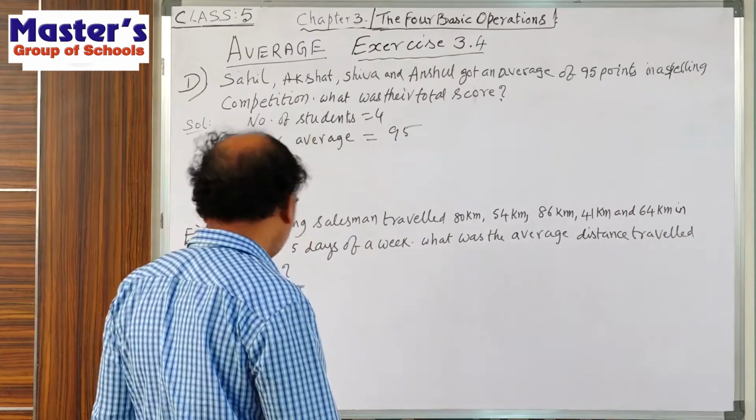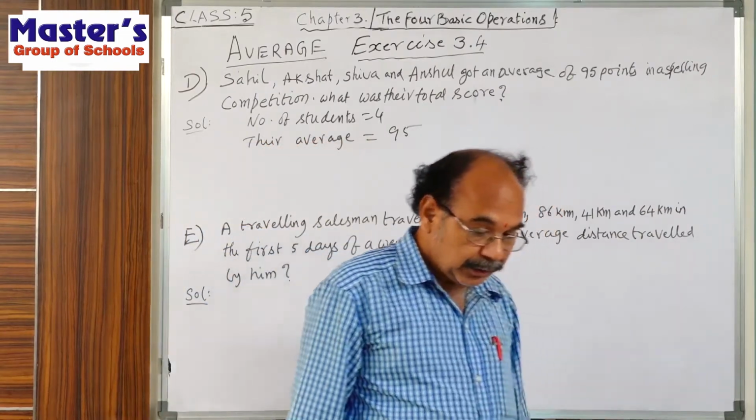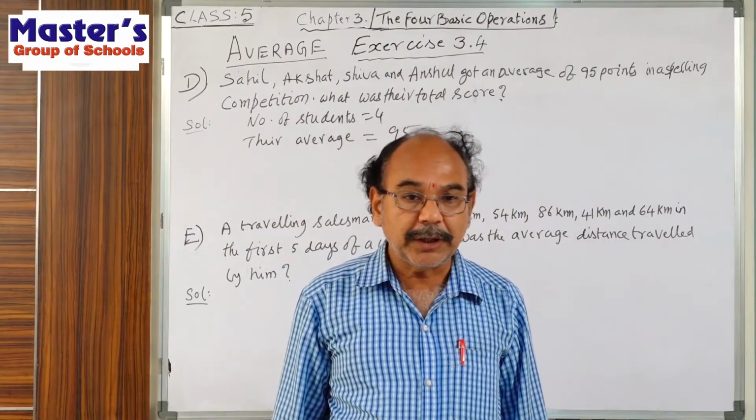So here, what is the formula? Average is equal to sum of the quantities by number of quantities.